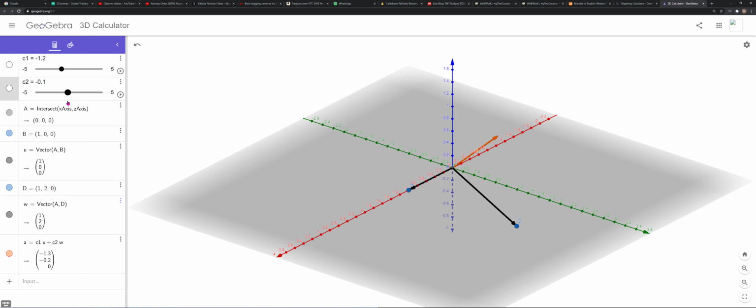What's happening is that this vector, the linear combination of u and w, can get you anything in the xy plane.